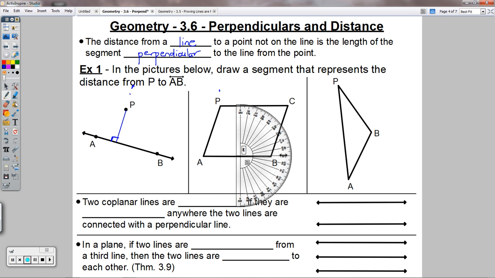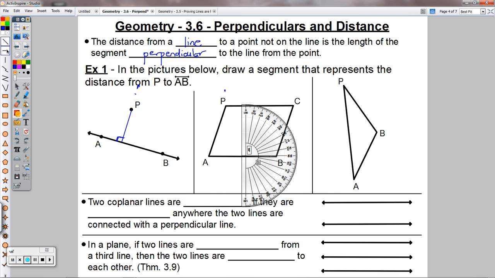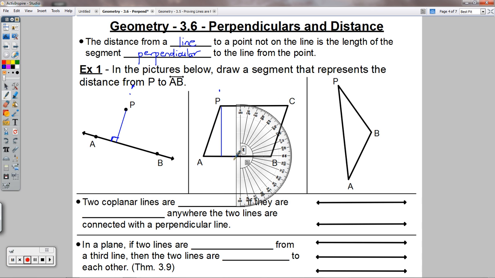This one happened to be horizontal, so yes, this could be vertical, and we'd have that distance right here. So here the distance is represented by that segment because this is perpendicular to this. So the distance from P to line AB, in this case, is represented by that segment.